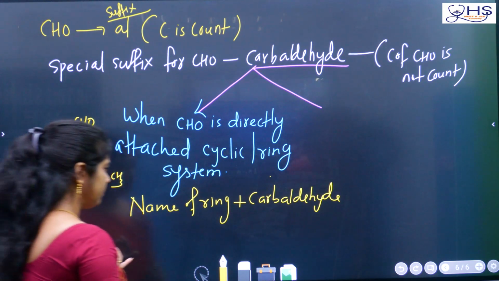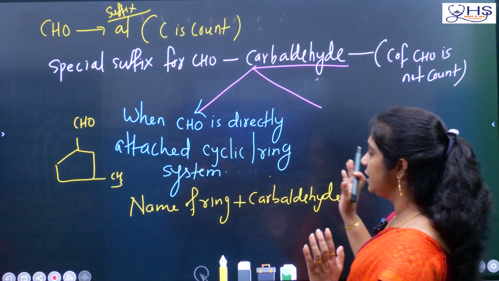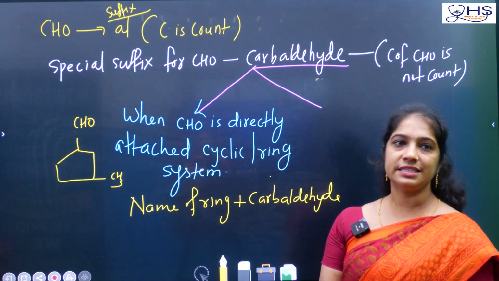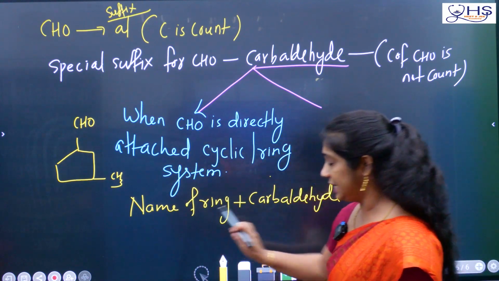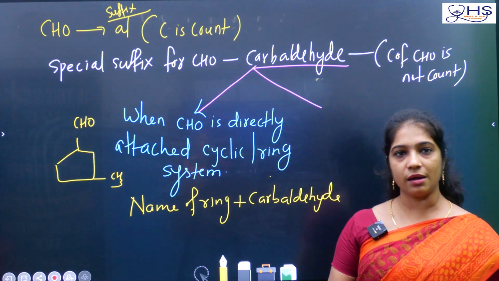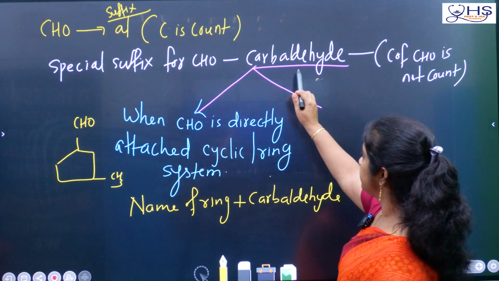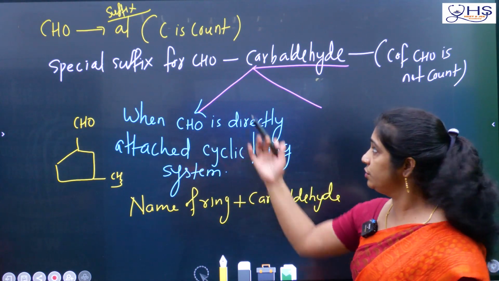Name of ring means if the ring has substituents, whatever prefixes, all the things you can follow in the same manner for naming the ring. But the only thing is, if the CHO is directly attached to the ring carbon, we will not count the carbon of CHO and will use the special suffix carbaldehyde, not "al".